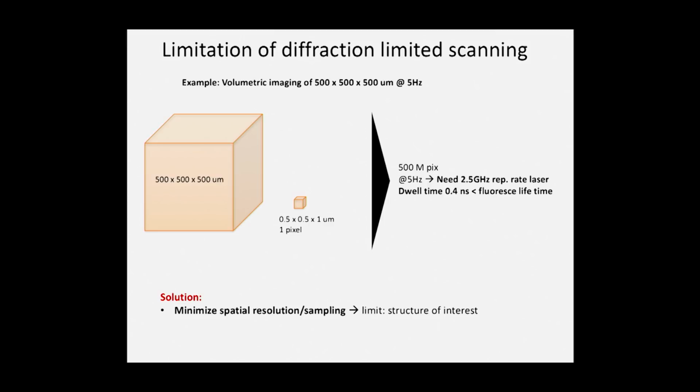If we are interested, for instance, in recording from individual cell bodies or individual neurons, this resolution in some way may be too good, and we are paying the price for that with a reduced volumetric acquisition rate. So the question becomes, how can we relax the spatial resolution in a meaningful manner?